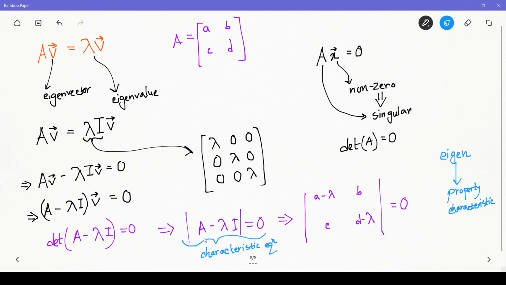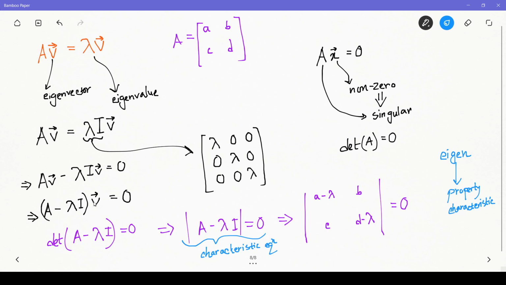Just as I have said, the solutions to this equation, the lambda values for which this equation holds true, are the eigenvalues of my matrix A. For each eigenvalue, all the vectors V that satisfy this equation are the eigenvectors of the matrix A. By eigenvectors I mean the vectors that do not change their span or direction upon being transformed.